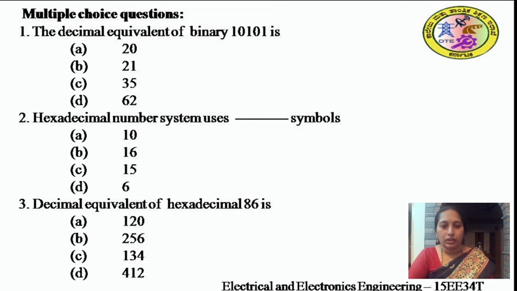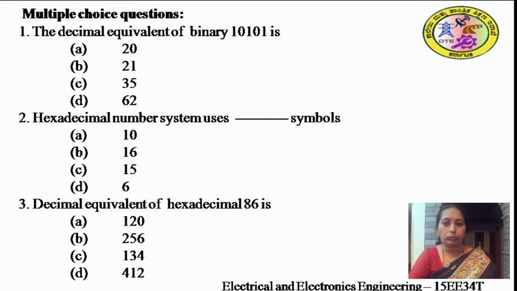The next question is, the hexadecimal number system uses dash symbols. How many symbols are used in the hexadecimal number system? I have told you we use 16 symbols, that is 0 to 9 and then A to F: 0, 1, 2, 3 up to 9, A, B, C, D, E, F, total 16 symbols.